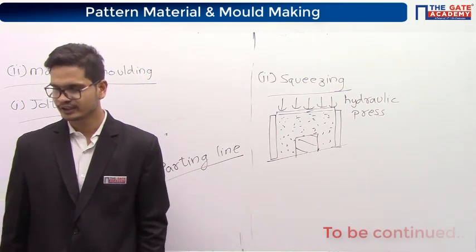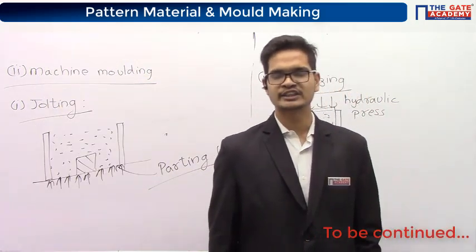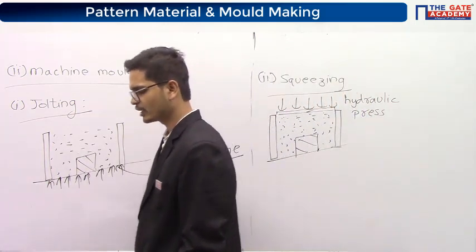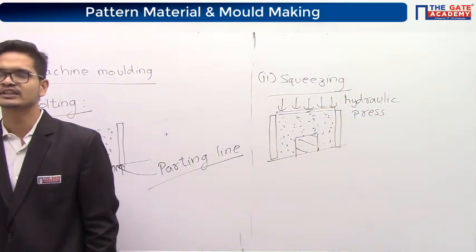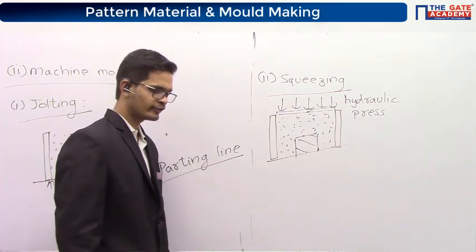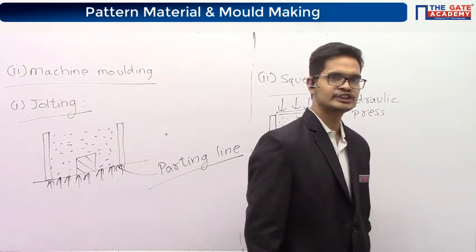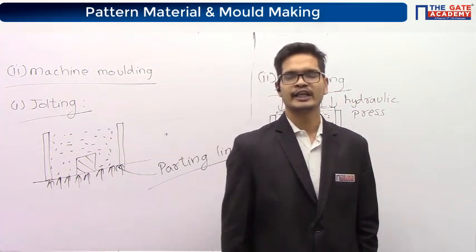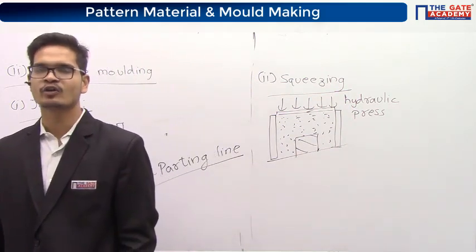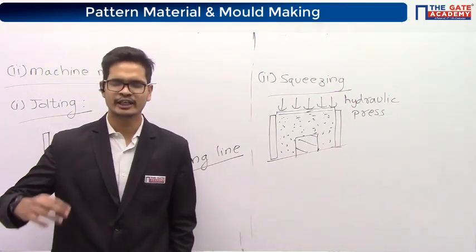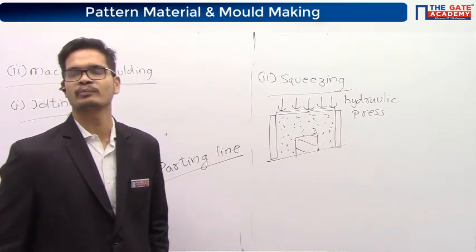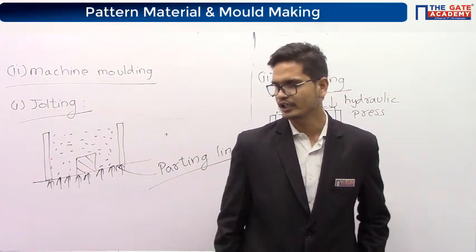Here we get lower density near the parting line and higher density away from the parting line. Okay.